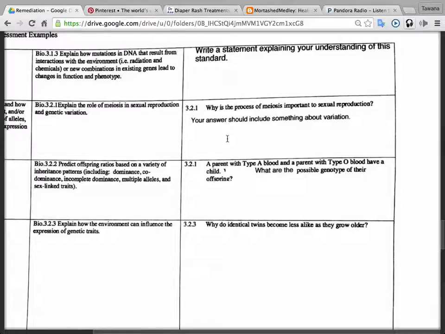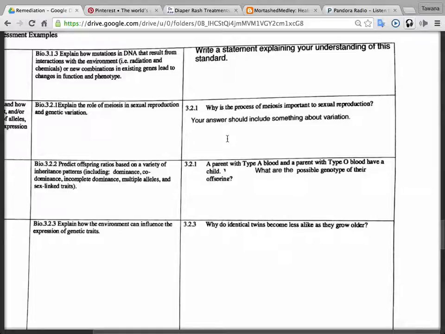Why is the process of meiosis important in sexual reproduction? Cam, what's meiosis? What is it making?